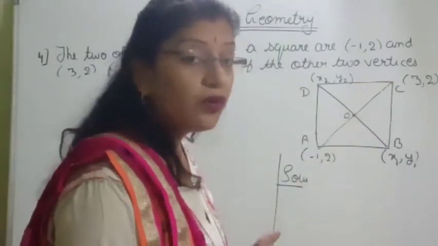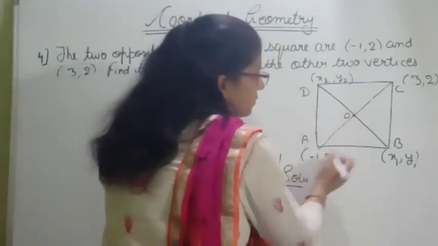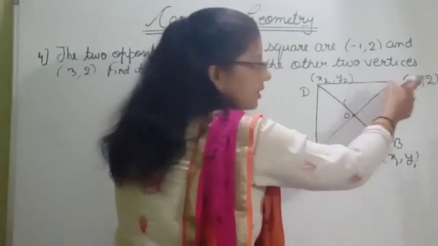You have already studied the formula for finding the midpoint. The x coordinate is x1 plus x2 divided by 2, and the y coordinate is y1 plus y2 divided by 2.